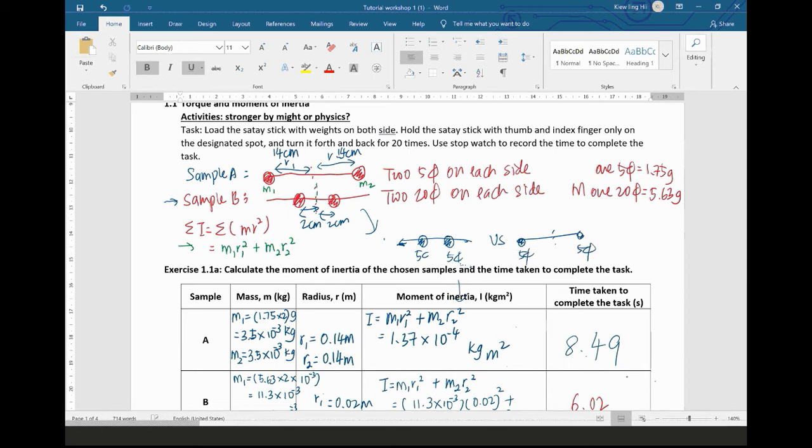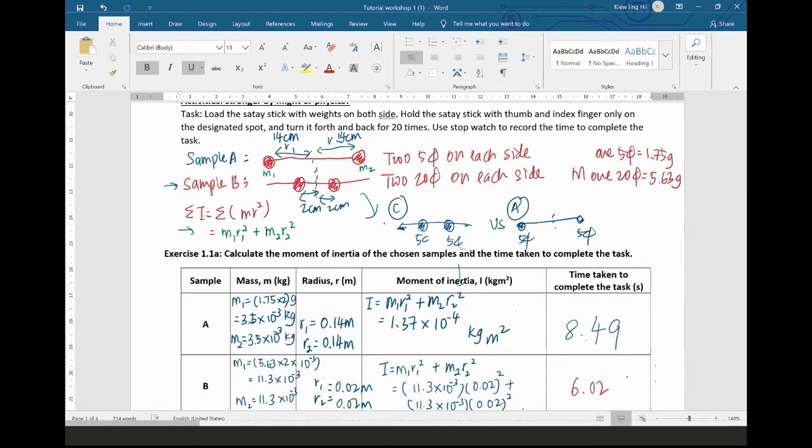Which one will win eventually? Let's say this is sample A and this is sample C. Which one do you think will win at the end?